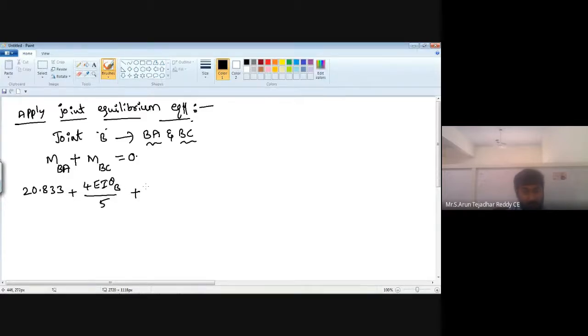Plus, what about the MBC equation? We got minus 13.33 plus 4EI theta B by 3 is equal to 0. So these two are our MBA plus MBC. Now here we have only a single unknown term, that is theta B, so it is very easy to calculate the theta B value.